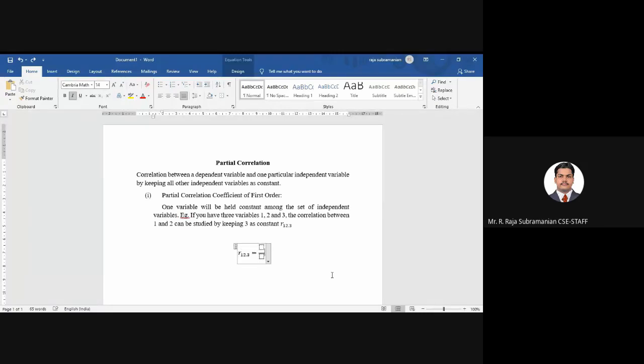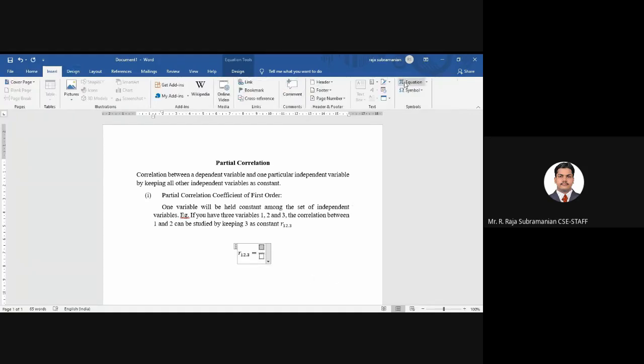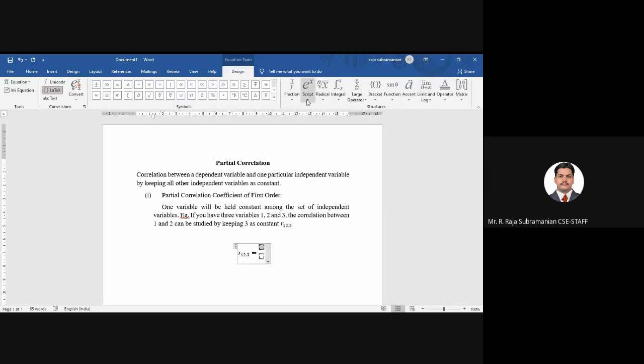Let me write it here. Now the formula for this will be, one formula is there, we can use that to write other formulas. It will be r12 minus r13 r23.